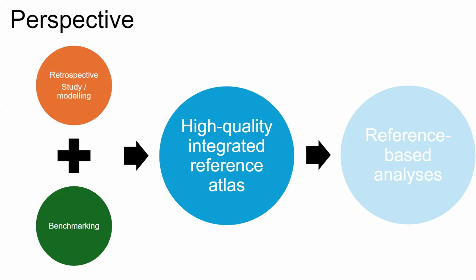The goal is that after all of these efforts, we create high-quality integrated reference atlases. In future, maybe we no longer need data integration or to handle batch effects. We can just use reference-based analysis, just like what we do when mapping RNA-seq reads.